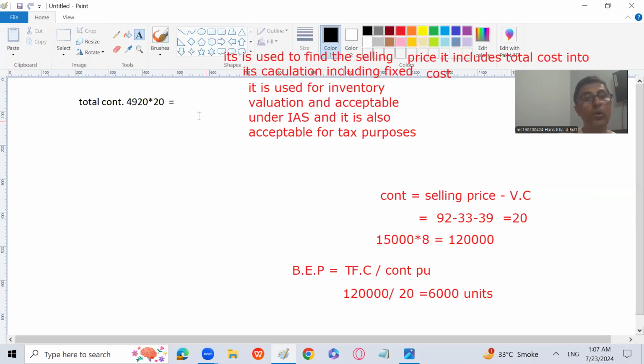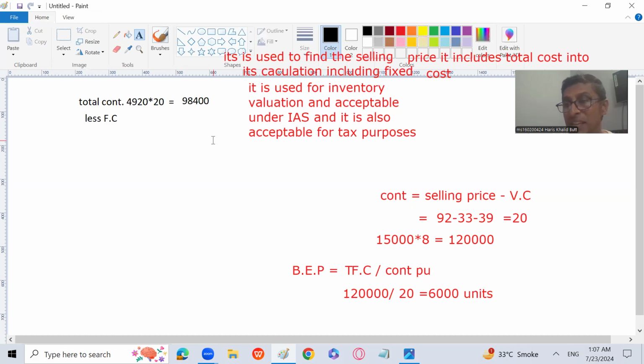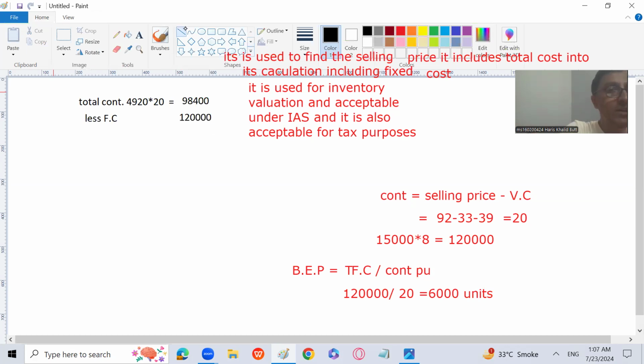We don't need to go for a proper marginal cost income statement because he is asking us only to find the profit or loss. 4,920 multiplied by 20, we will get 98,400 is the total contribution, less fixed cost, which will remain the same. Remember this, that fixed cost will be 1,20,000 because at any capacity, total fixed cost will not change.